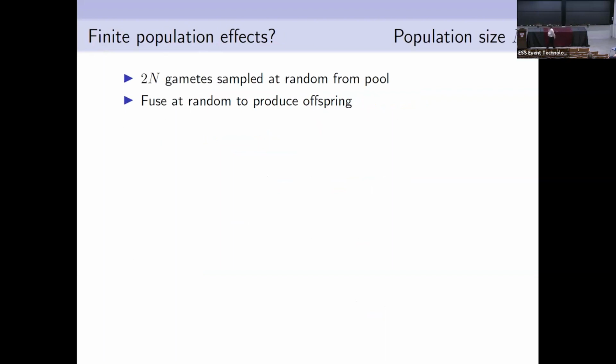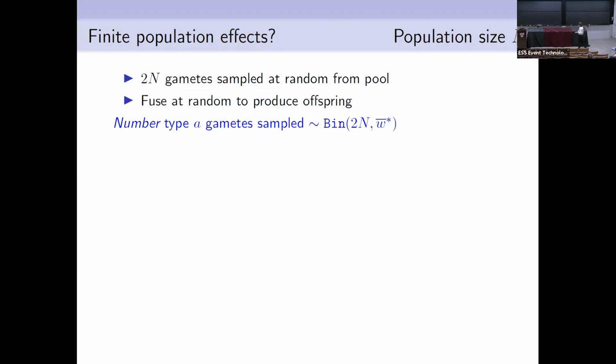So very importantly, there are finite population effects. What we assumed to arrive at a differential equation was that the proportion of little a alleles that we saw among offspring precisely replicated what we saw in the pool of gametes. But in general, that's not going to be true, because even if we take this very crude model in which we're randomly sampling 2 gametes from that infinite pool to create the offspring, what we're actually seeing is a binomial distribution, right?